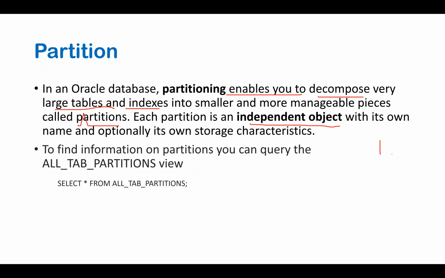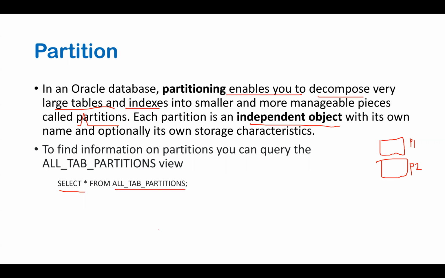Each and every partition will be treated as an independent object with its own name. Say, for example, the name is table name, then partition name. So in Oracle, we can say partition P1, partition P2.